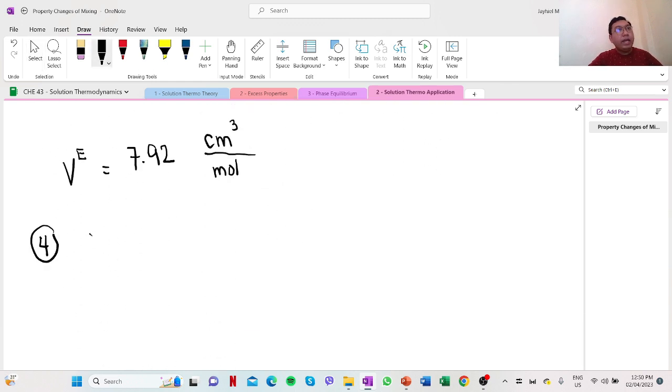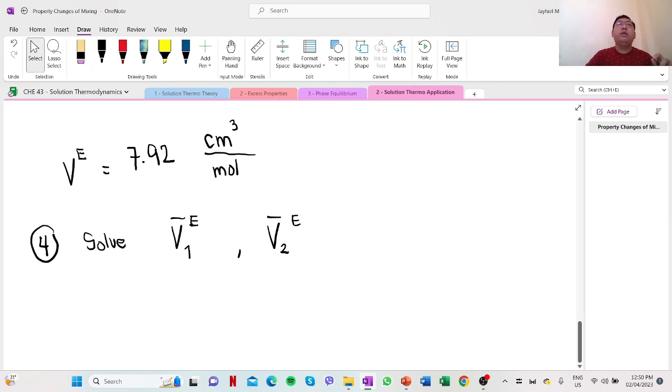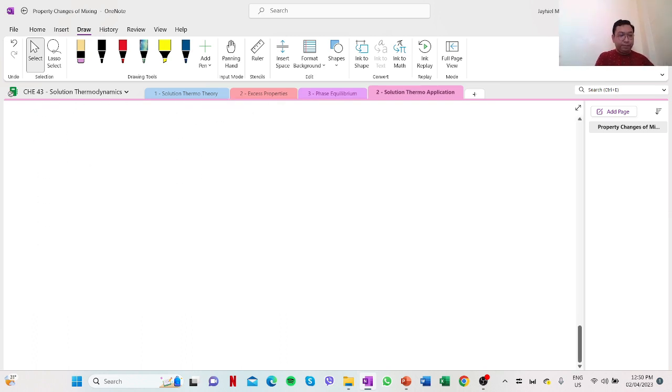At this point, I can now solve for the partial excess molar volume of components 1 and 2.